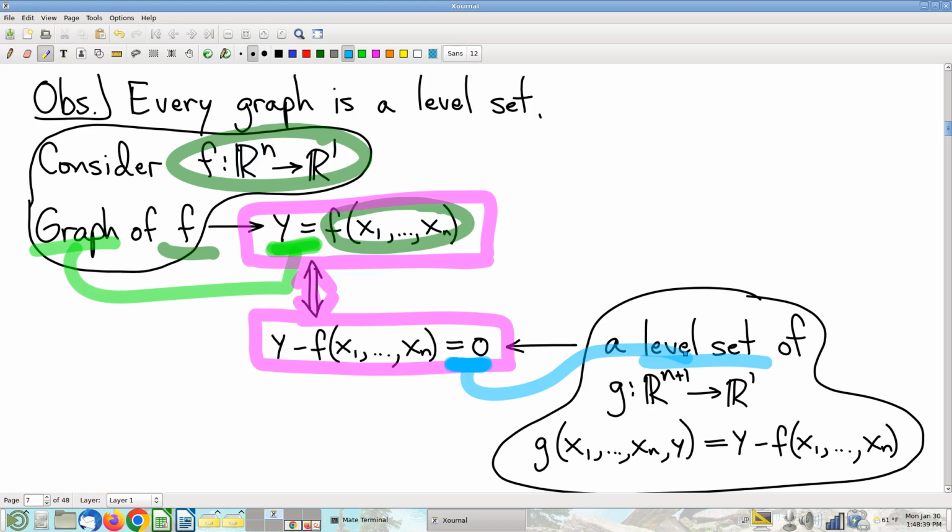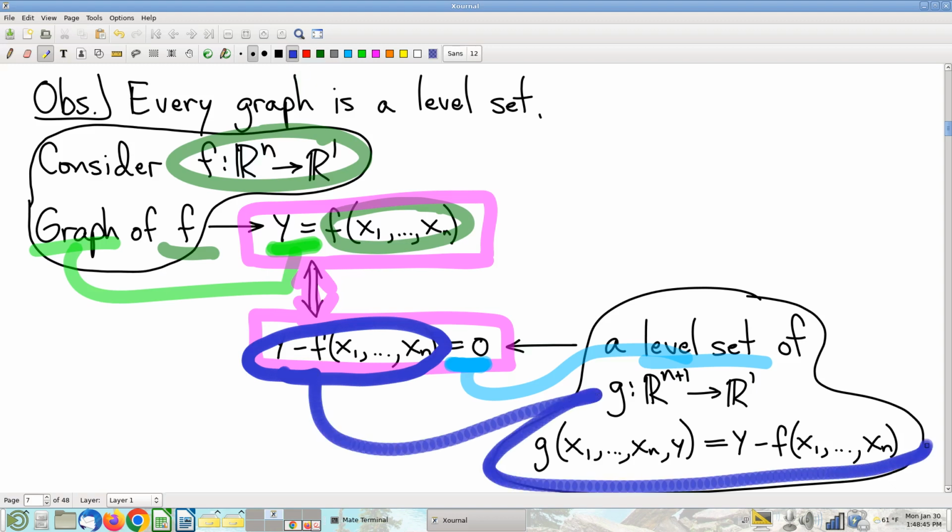And specifically, we're looking at a level set of now this function, which you'll notice is not the same function as f, right? The function whose graph we were looking at was f. It had n input variables. The function whose level set we're looking at, well, you can look at this expression.